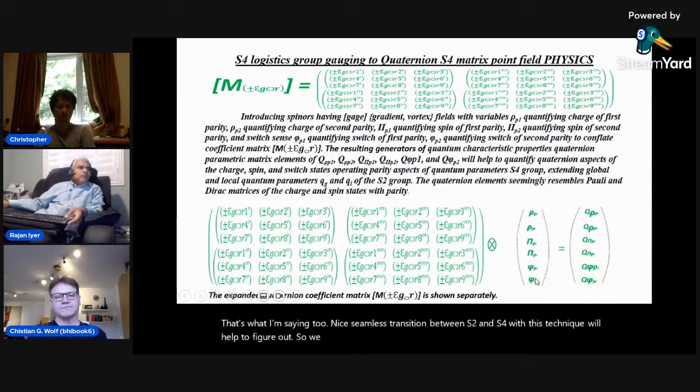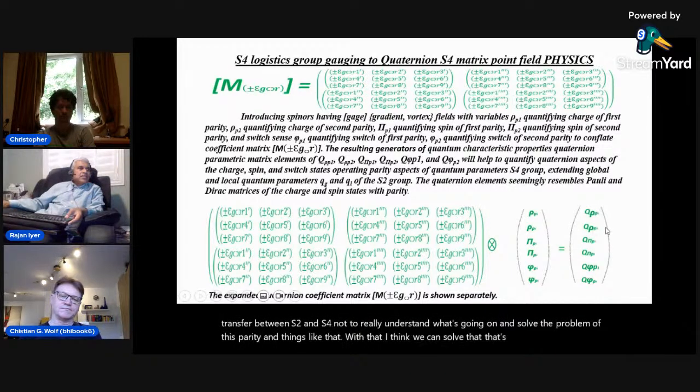So we figure out these values and then go back to S2 again to find out more about the field and everything, and come back again here. So we have to seamlessly transfer between S2 and S4 to really understand what's going on and solve the problem of this parity and things like that. With that, I think we can solve that. That's one of the advantages of this one.